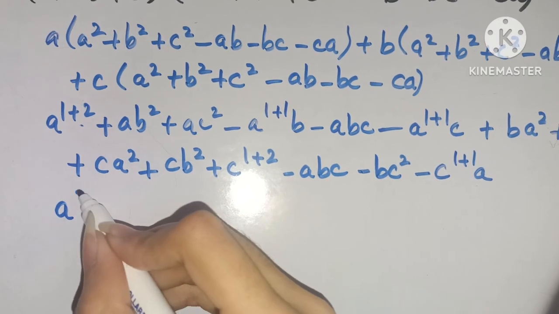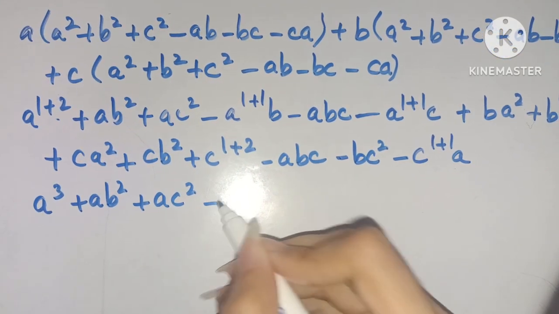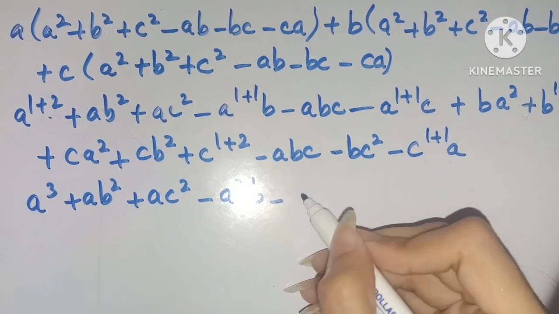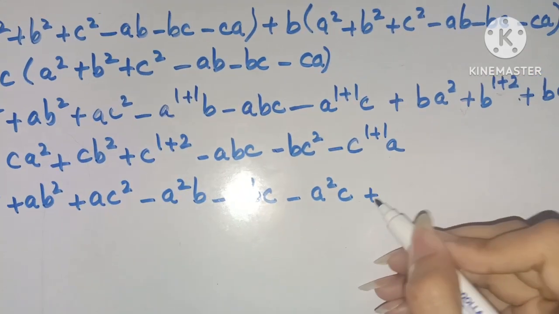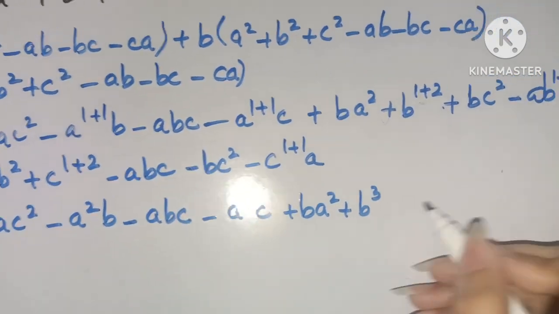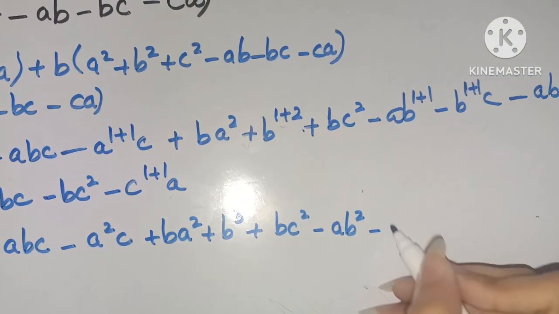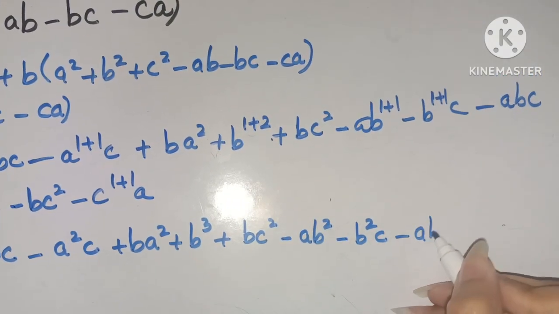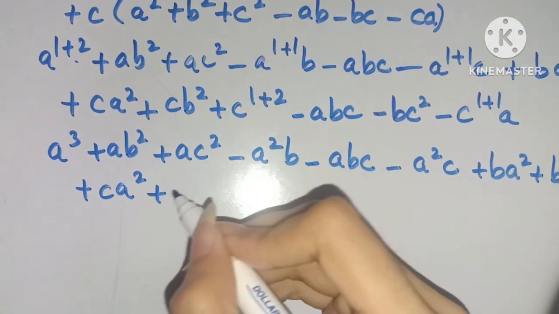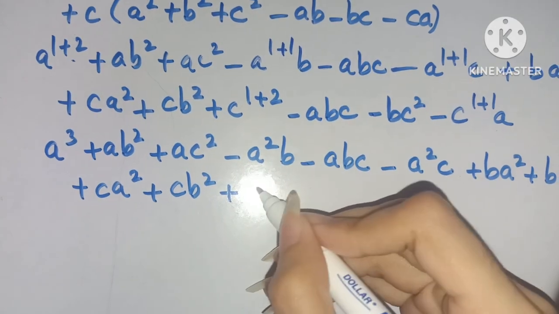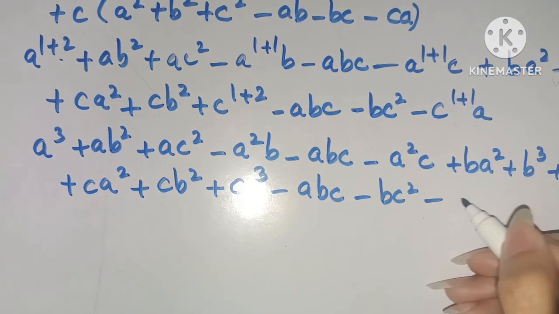Then 1 plus 2 is 3, plus ab square plus ac square minus a square b minus abc minus a square c plus ba square plus b cube plus bc square minus ab square minus b square c minus abc. Then we have plus ca square plus cb square plus c cube minus abc minus bc square minus c square a.